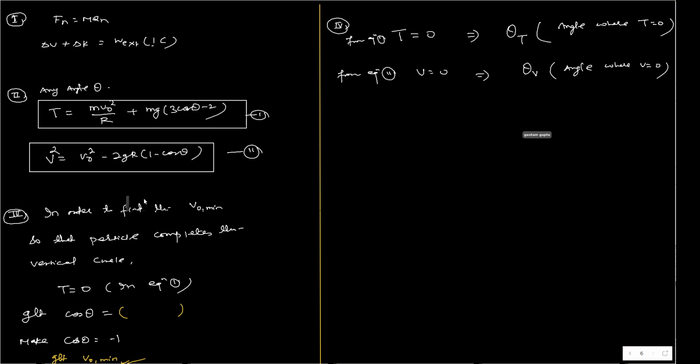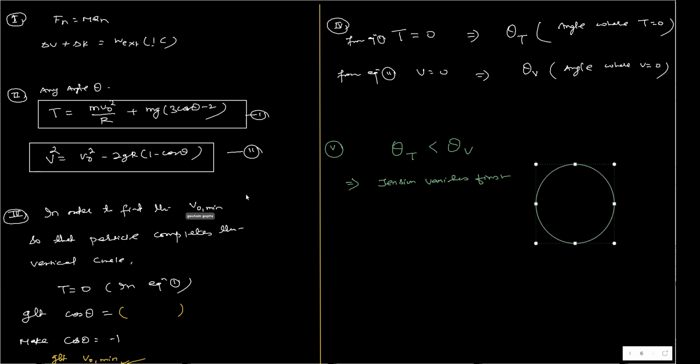Now, the trajectory of the particle will depend on what happens first. If theta t is less than theta v, this implies tension vanishes first, or tension vanishes before velocity vanishes. If the tension vanishes before velocity vanishes, then till the point where tension vanishes, the motion will be a vertical circle.